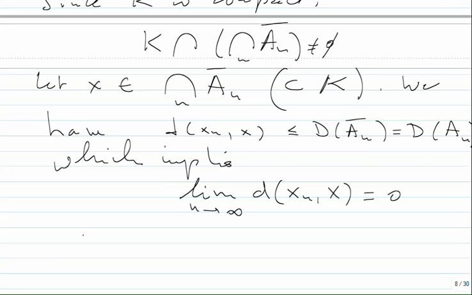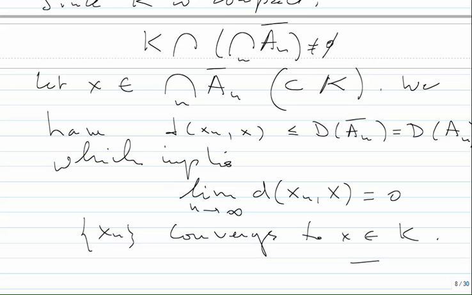In other words, the sequence x_n converges to x. So any Cauchy sequence is convergent, or K is complete.